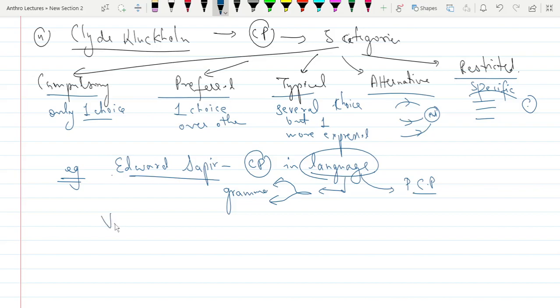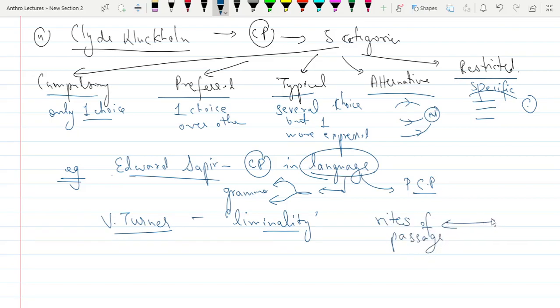Similarly, you can give the example of Victor Turner, who gave the concept of liminality. Liminality is basically the transition phase between two rites of passage. When we transition from one rite of passage to another, there is a resting phase, and this is the liminality phase.